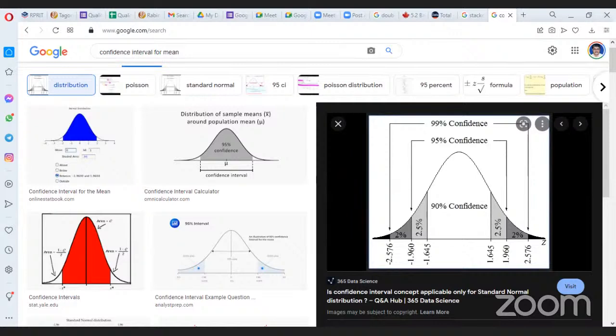A confidence interval is computed at a designated confidence level. The 95% confidence level is most common. But other levels such as 99% or 90% are sometimes used.